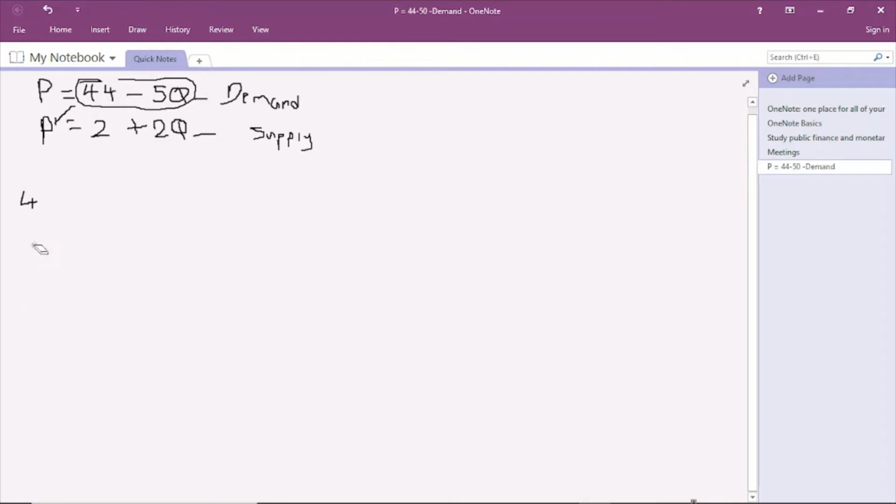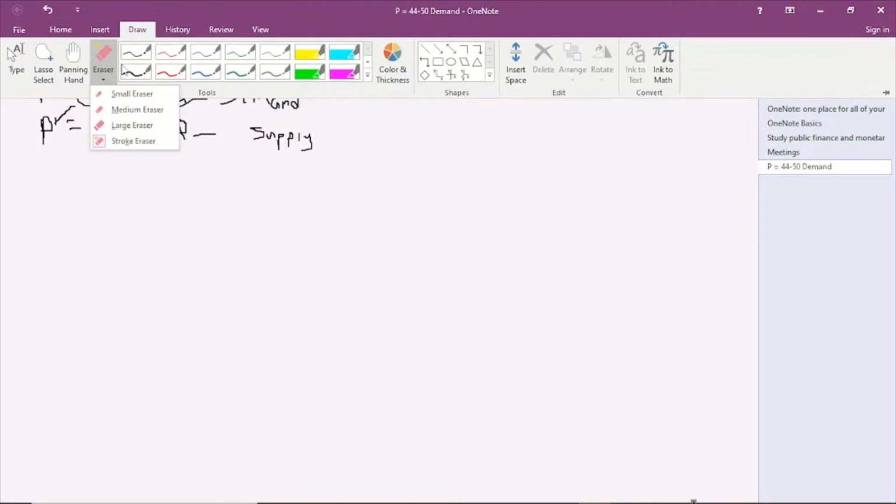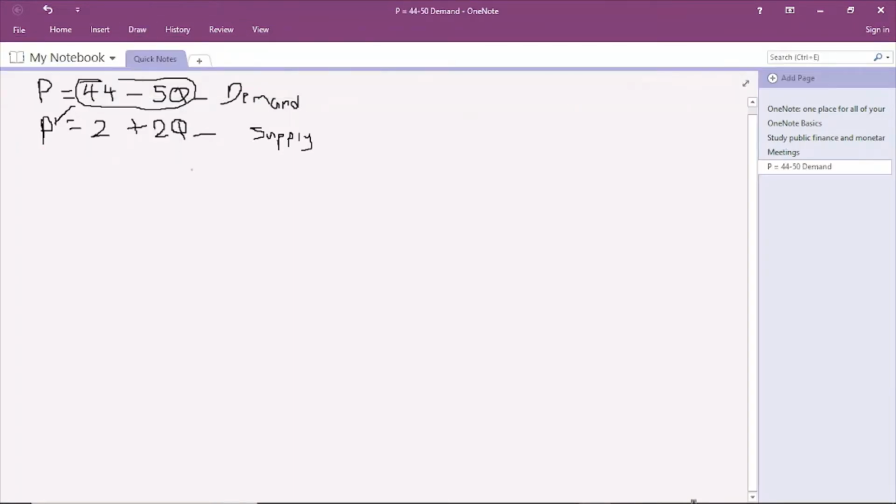All right. Okay. Now suppose you have been asked to find the elasticity of demand, which can be represented by E and a small d to represent demand. How can you solve that?